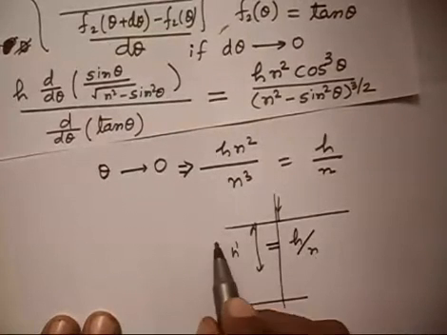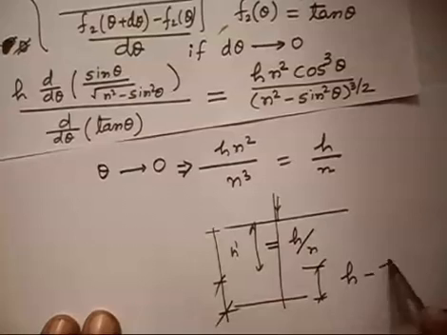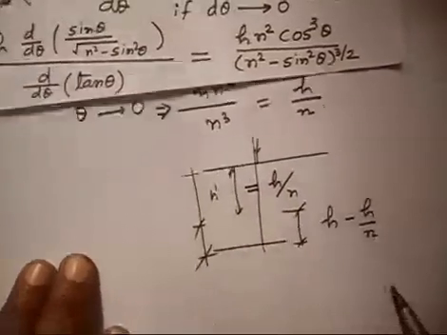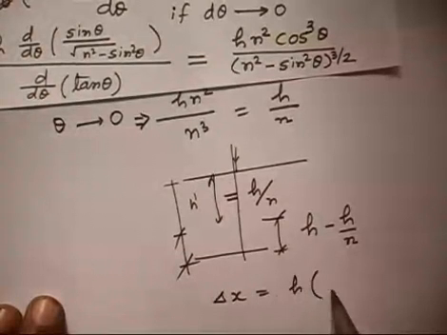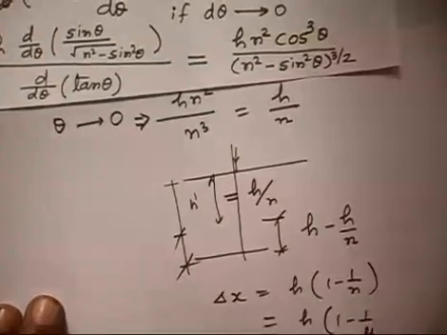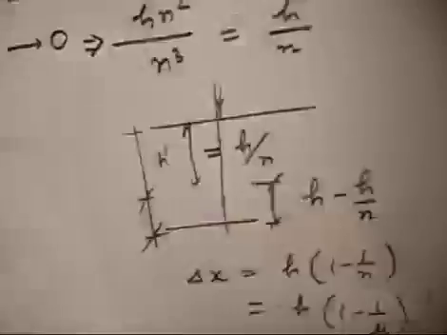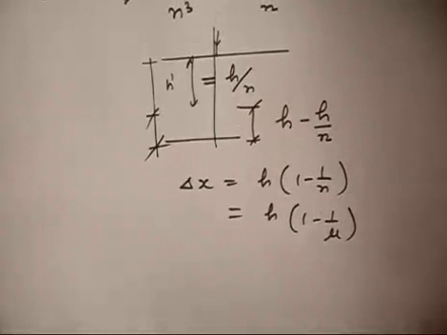So the apparent shift, if you remember this formula, is h minus h by n. So this is the apparent shift delta x, that is h into 1 minus 1 by n. In books they write h into 1 minus 1 by mu. So this is the same result that you always remember. If the rays are paraxial, you get this shift. So you get the same result if you put theta equal to 0 degrees.